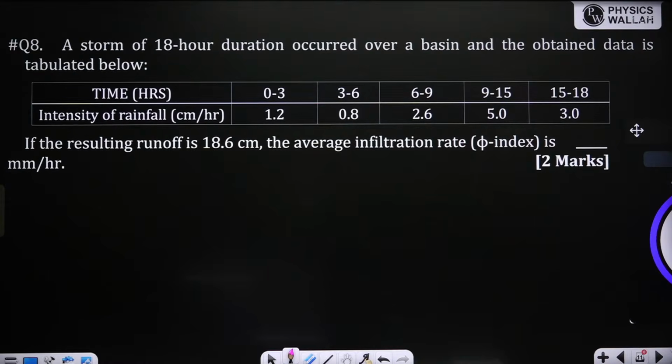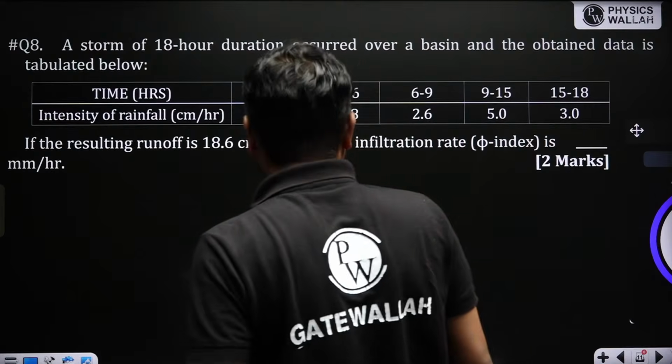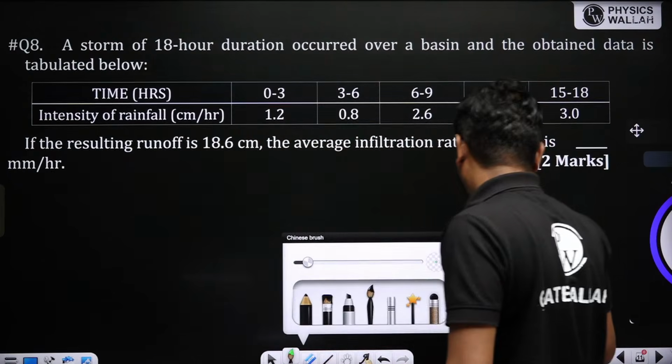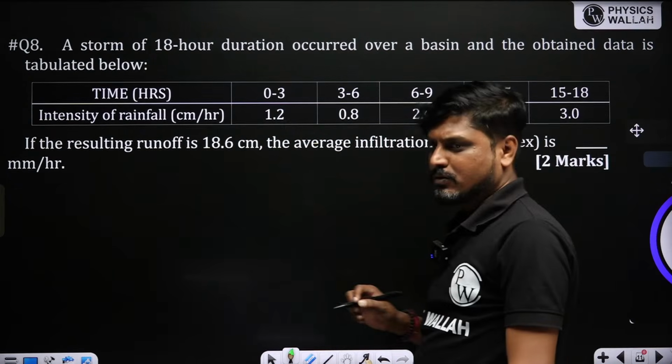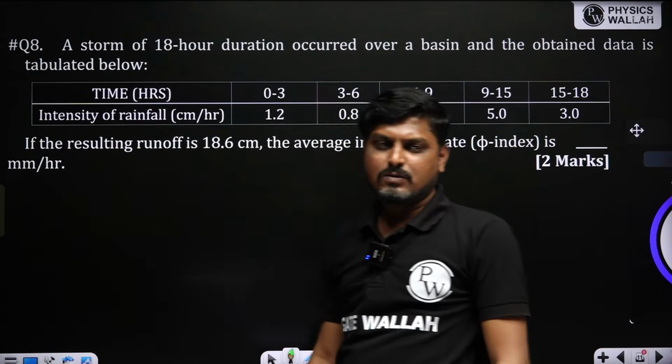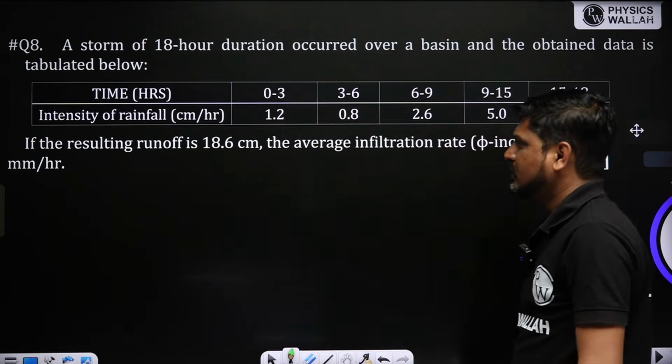3.53, 107. Let me see which is the correct answer. Okay, time up. Let me discuss the solution in detail for this question. Those who know the procedure, it is fine. Those who don't know, please do remember, this is a very important type of question.